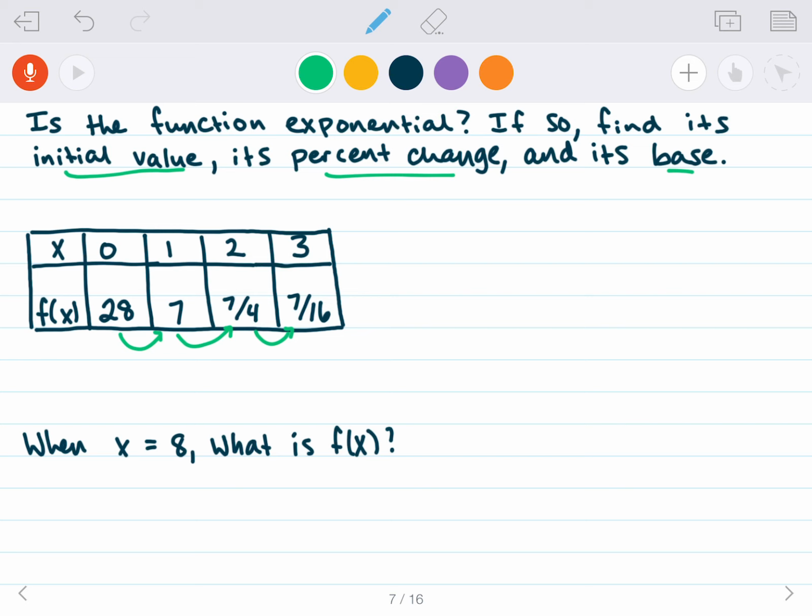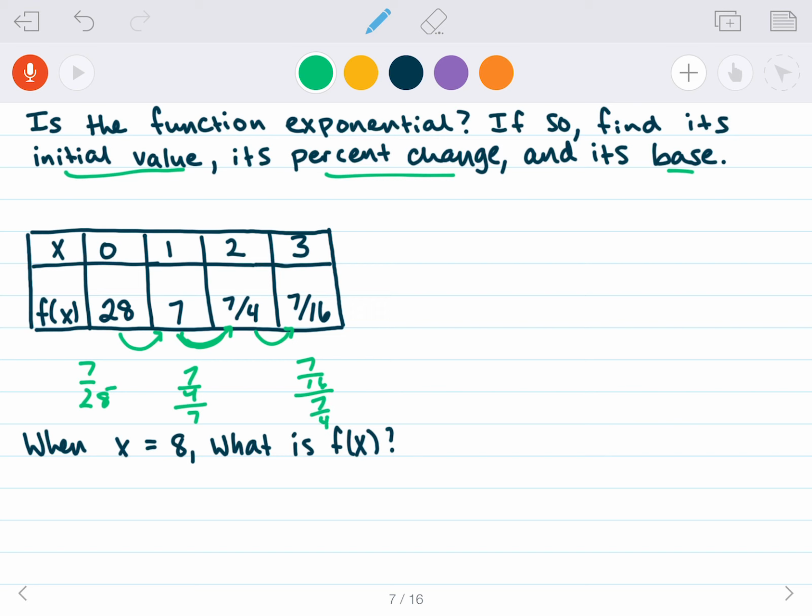The first ratio we would look at is 7 over 28, then for the second one, 7 over 4, the second one over the first one, and for the final one, we do 7 over 16 over 7 over 4.